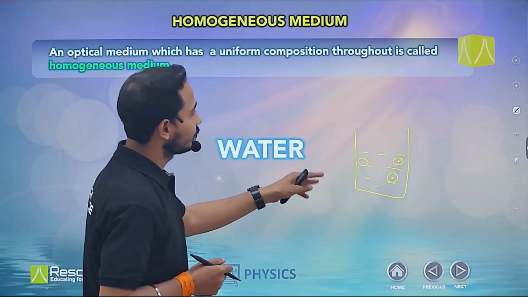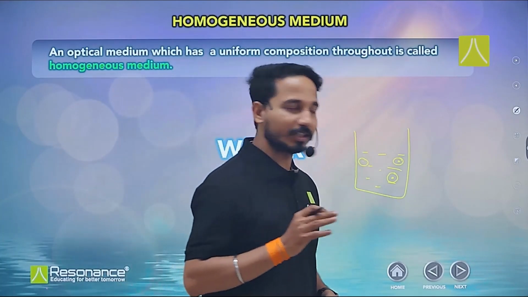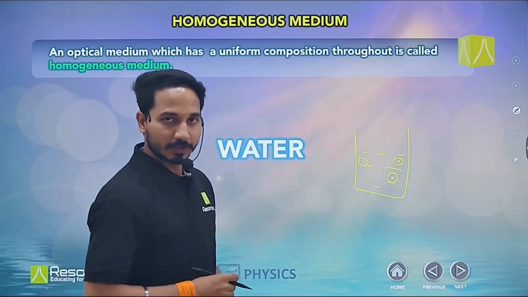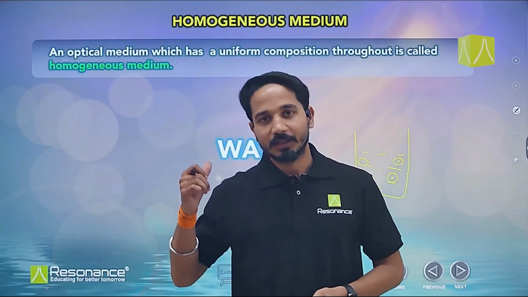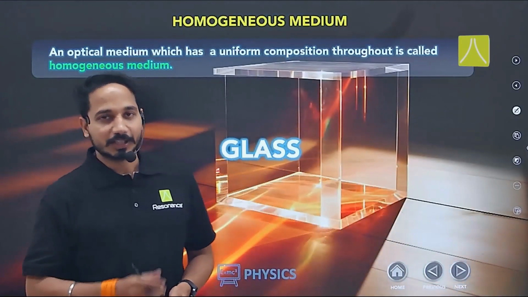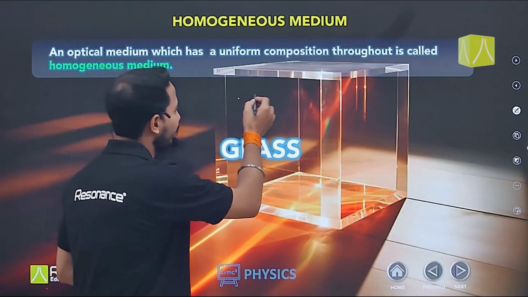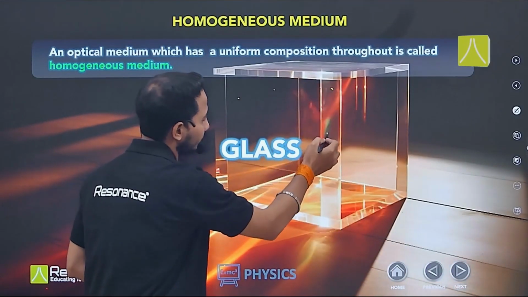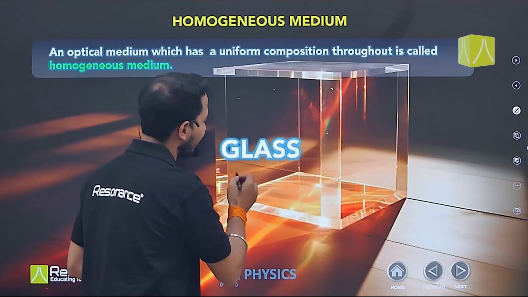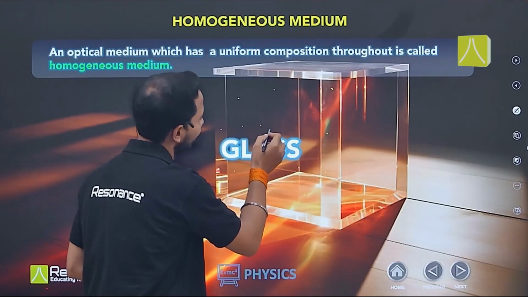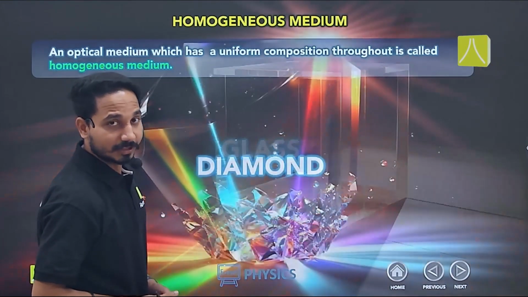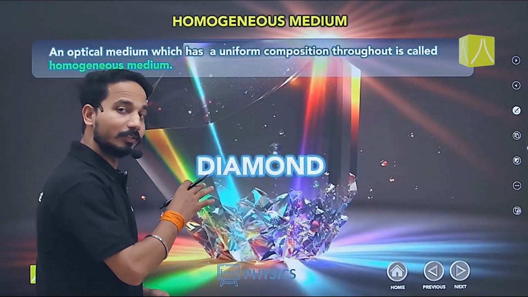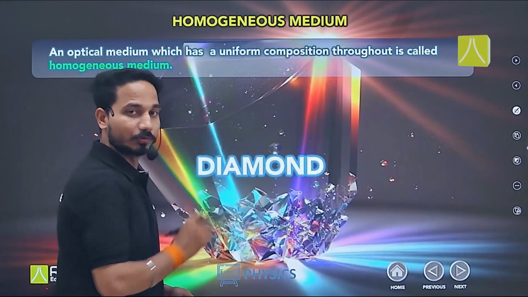The constituent particles will be the same throughout the medium. It won't change from point to point. Another homogeneous medium is glass. In glass also, at every point wherever we observe, its constituent particles are the same. The matter of which glass is made is the same, right? Similarly diamond also has the same composition throughout, right?